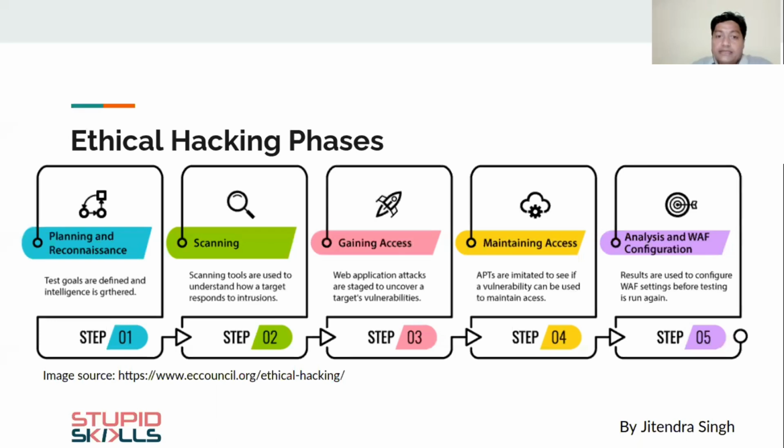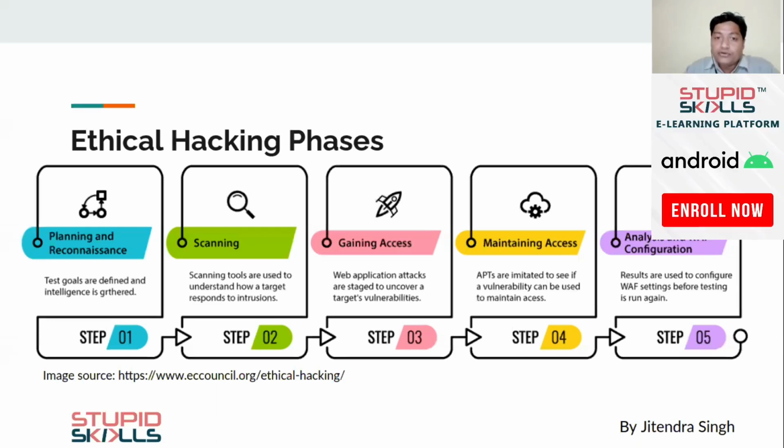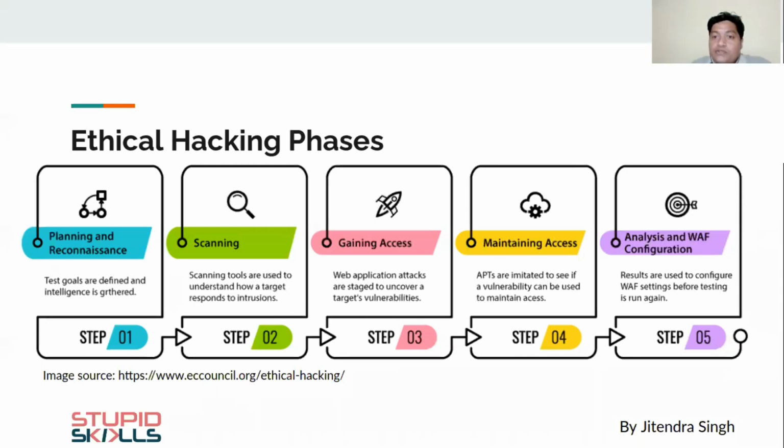And in scanning, you understand how the target is responding to various particular attacks, and then you make note of them. So once the planning, recce and scanning is complete, you take step 3 of gaining access into a system by making use of an exploit. Once you gain the access, then you put a payload there which will allow you to maintain that particular access.